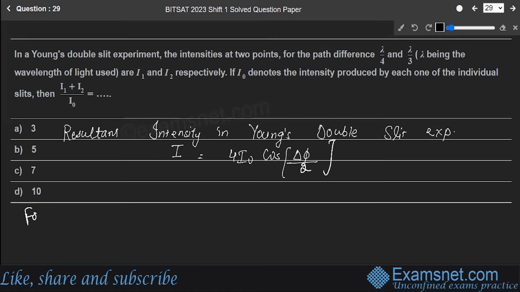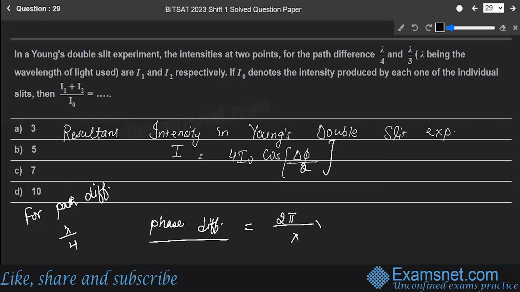Now, for the path difference lambda by 4, the phase difference is given by 2 pi upon lambda into lambda by 4. This gives you pi by 2.